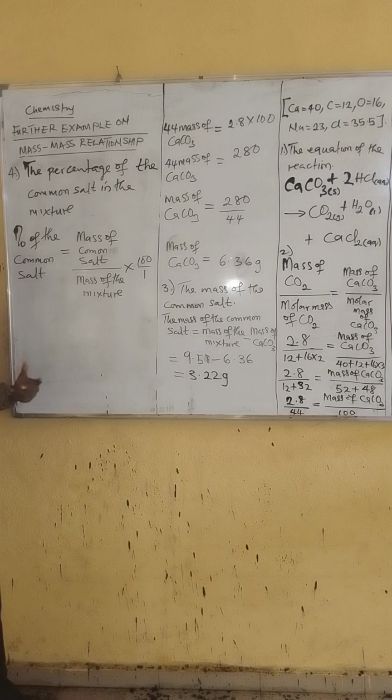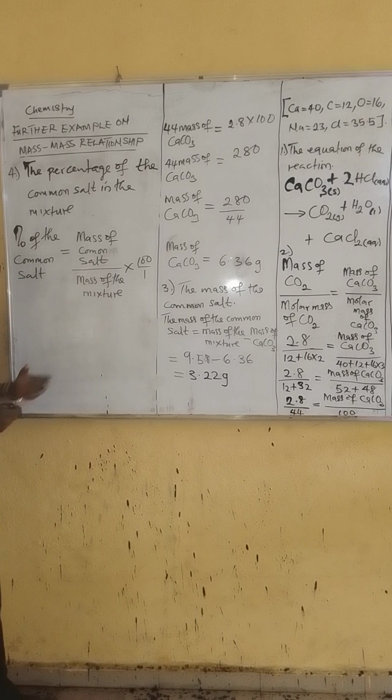If you are looking for a percentage of something, you are going to create a fraction in which the numerator will contain the mass, the quantity of the substance whose percentage you are looking for. And the denominator will be the sample space, the universal set containing the numerator and other things.